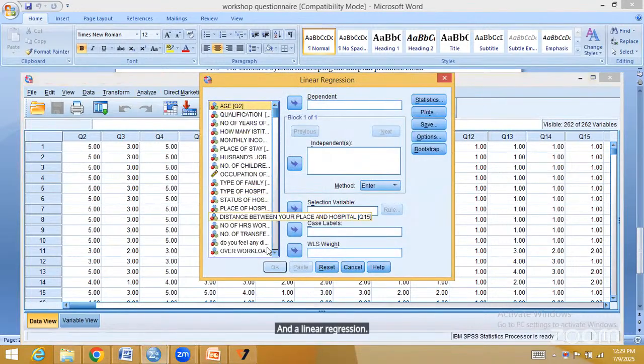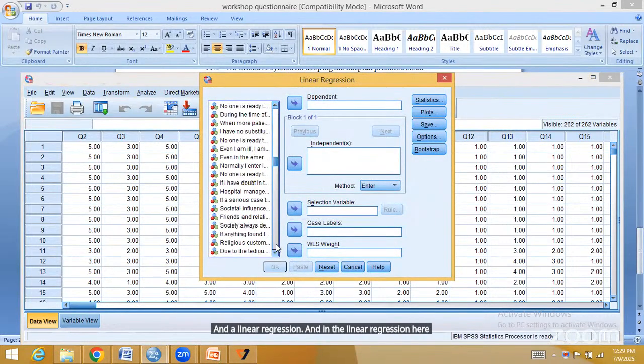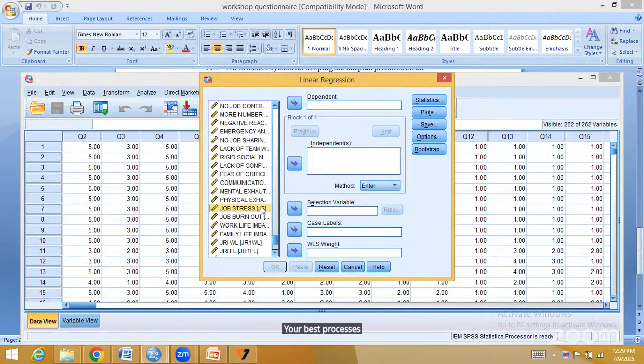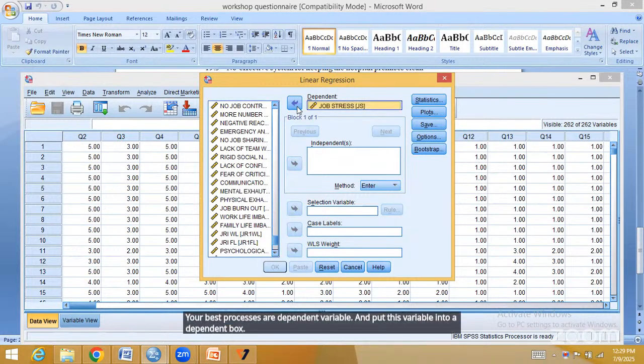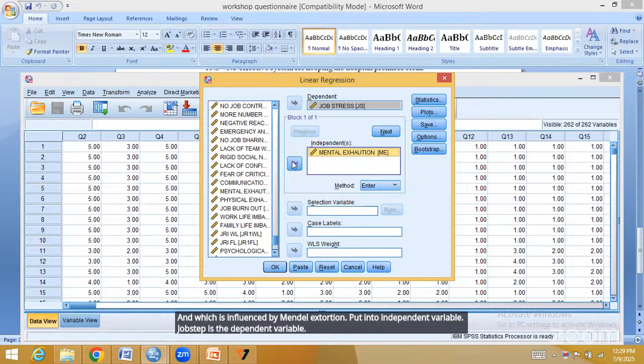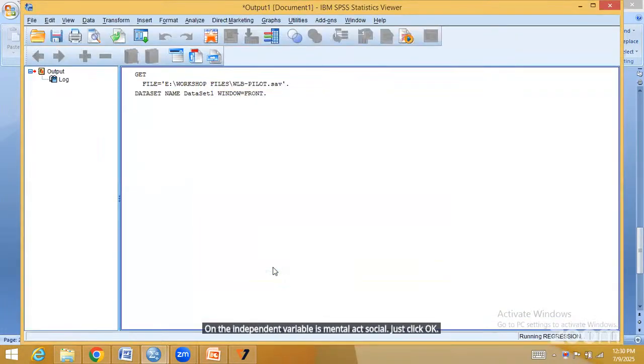In the linear regression here, the dependent variable is job stress. Put this variable into the dependent box, which is influenced by mental exhaustion, put into the independent box. Just click OK, you will get the output.